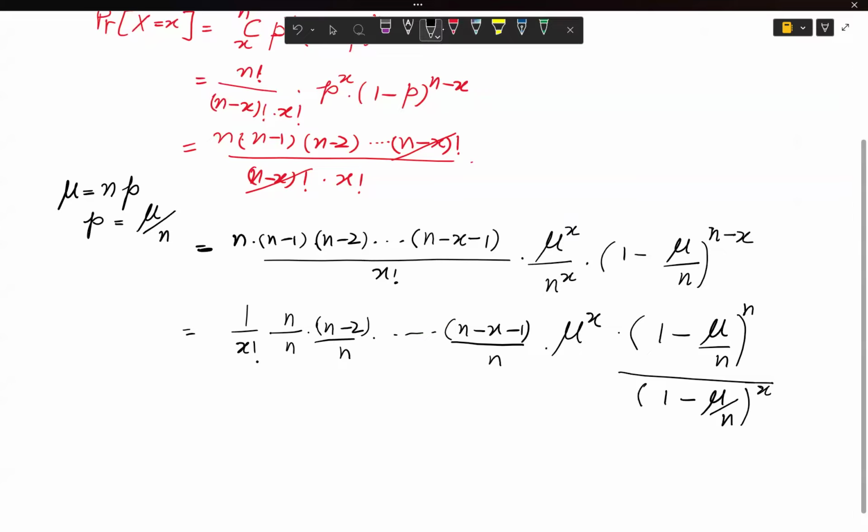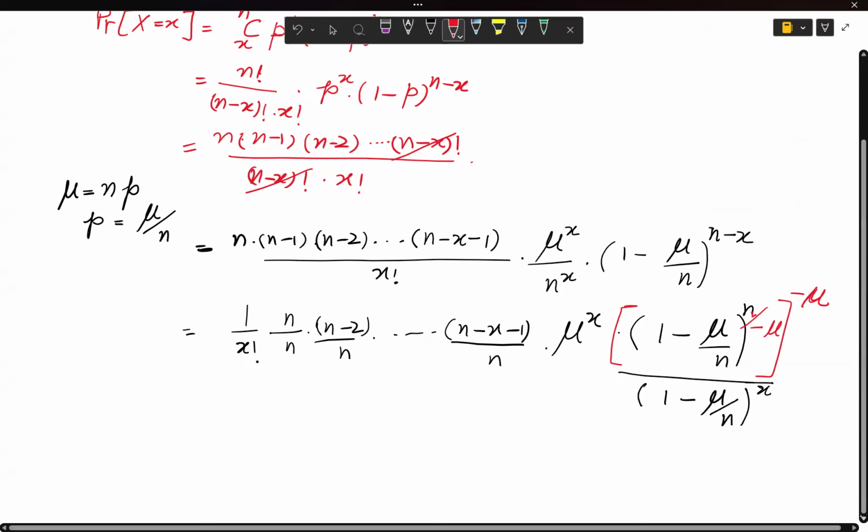Then I introduce here a divisor minus mu and a whole power of minus mu.